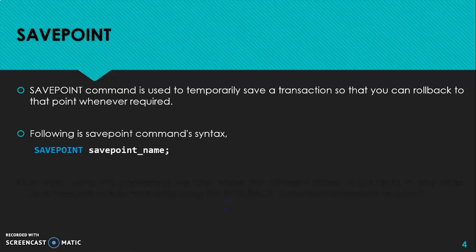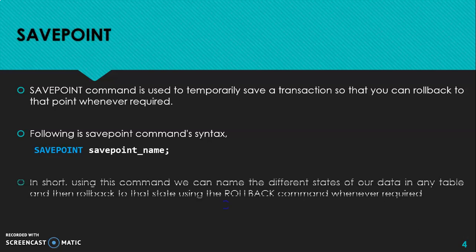Following is the syntax: save point and save point name. You can give a name to the save point so that whenever you want to roll back, you can just specify the save point name up to where you can roll back. And if you do not specify that, it will roll back to the last committed statement.